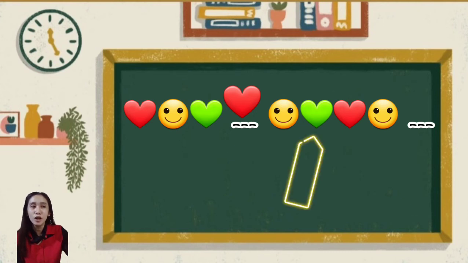What have you observed? We can see that the next picture is the green heart. Now, we already know the missing term. That's why the missing term in the last set of the pattern, particularly after the smiley face, is, yes, very good, the green heart.